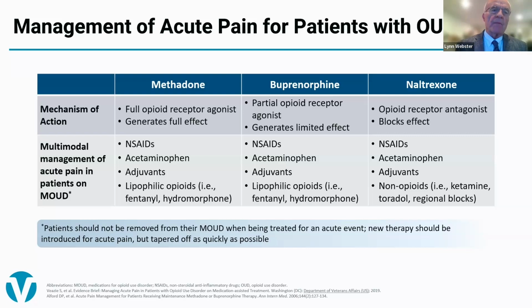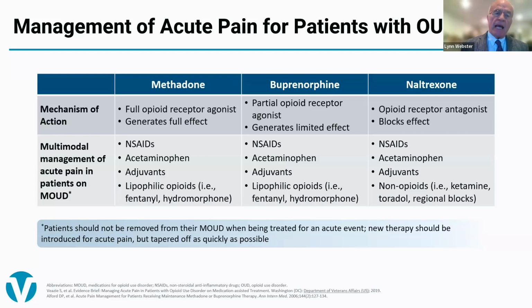So if you have somebody who's on methadone, buprenorphine, or naltrexone, the risk of relapse is tremendous if you take them off. It used to be thought that we should taper everybody off and then they would be basically opioid naive coming into the operating room if that's where they're going to experience the acute pain.